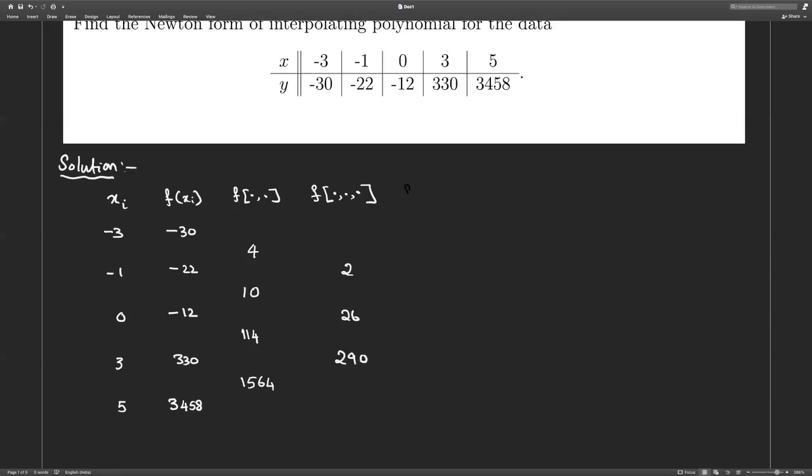Now let us write the divided difference of order 3, and that is given by 4 and 44. You have to write the first entry in between these two and the second entry between these. And finally, the divided difference of order 4 has only one entry in the table, and that is written between these two numbers, and that is given by 5.